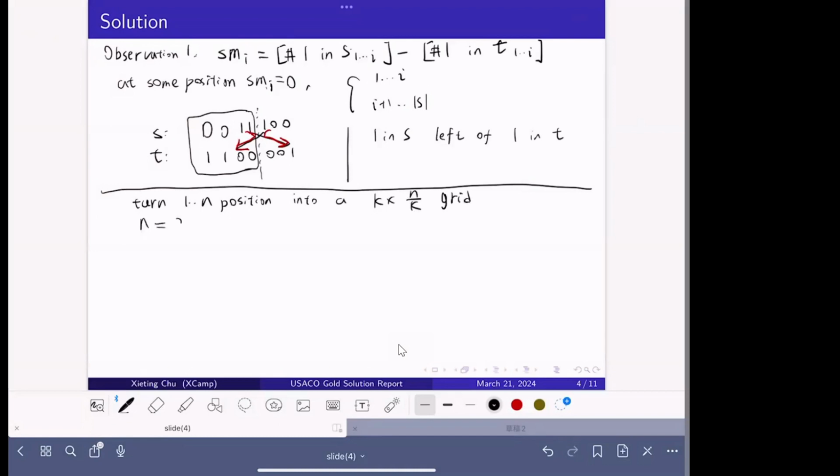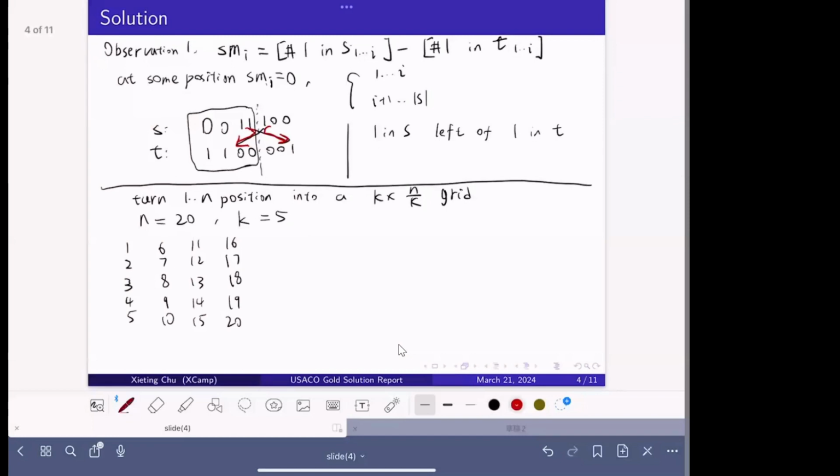For example, if n is equal to 20 and k is equal to 5, then we can turn this into a grid of 1, 2, 3, 4, 5, 6, 7, 8, 9, 10, and so on up to 15.